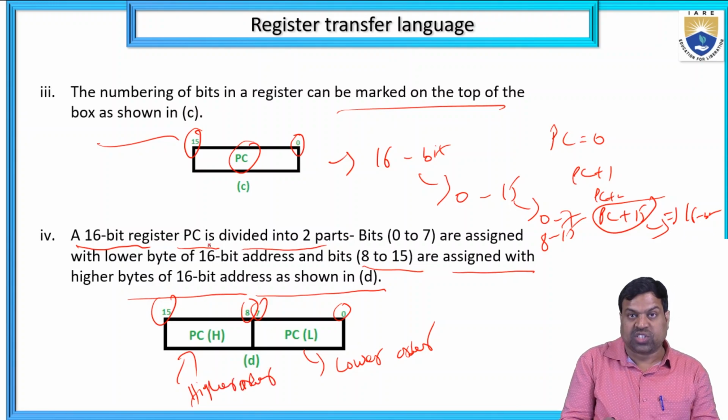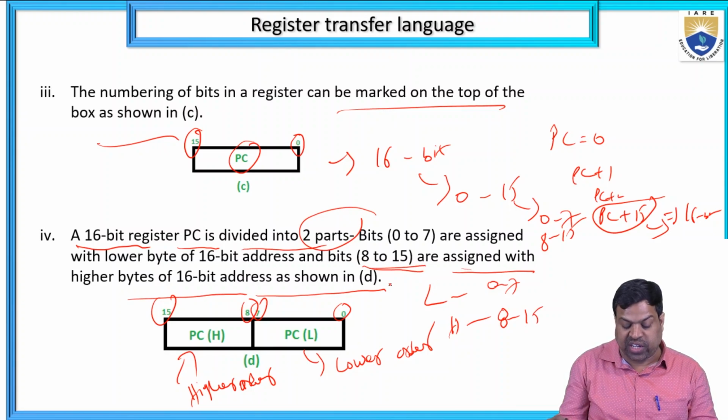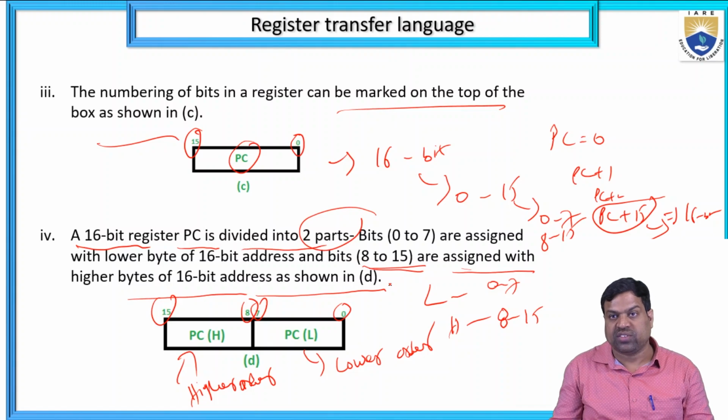So the 16 bit program counter register is divided into two parts, L and H, lower order and higher order. Lower order is from 0 to 7, higher order is from 8 to 15.